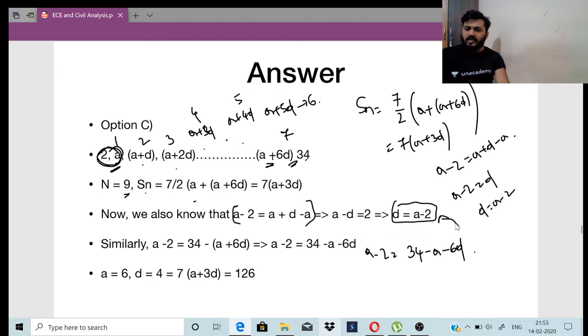The value of d is given as a minus 2. Substitute it here. You'll get the value of a as 6, d as 4, okay? Substitute it accordingly. The answer will be 126.